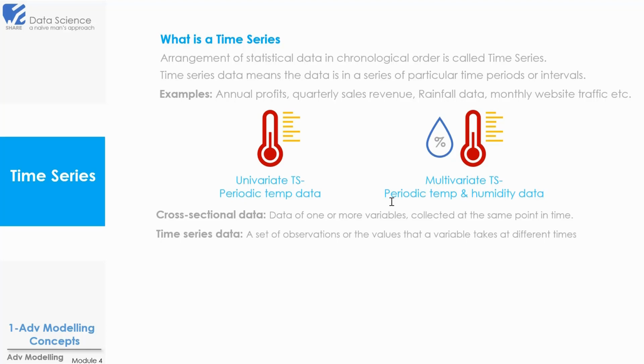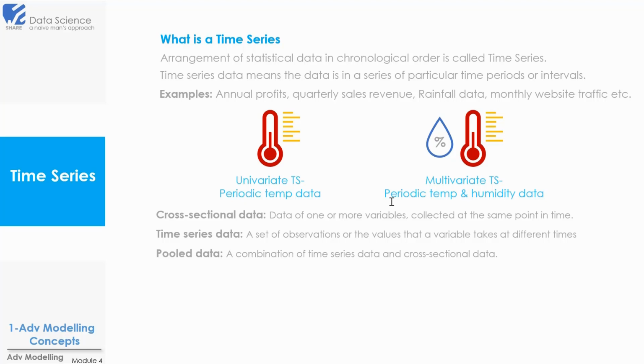Now we are going to work on the time series data. We just discussed that this is a set of observations or the values that a variable takes at different times. Then we also have a pooled data, which is a combination of time series data and cross-sectional data.